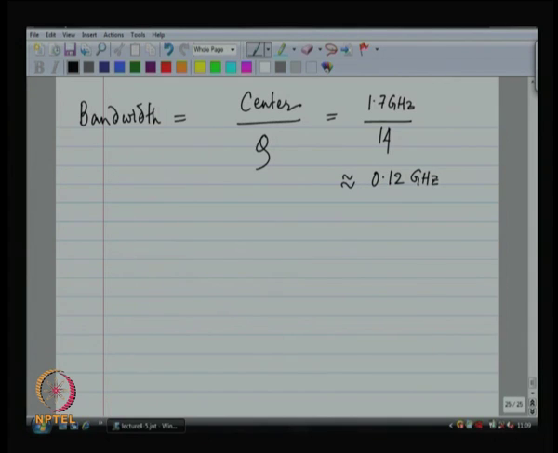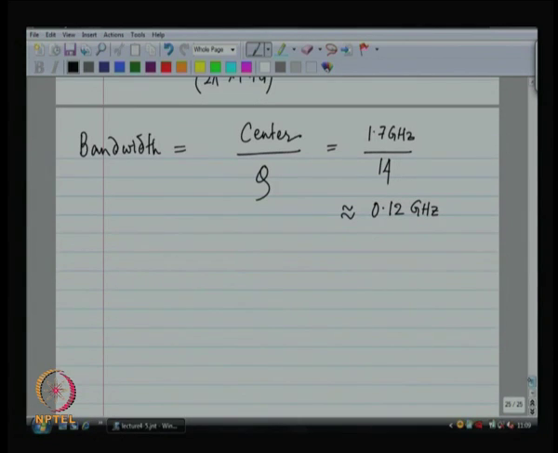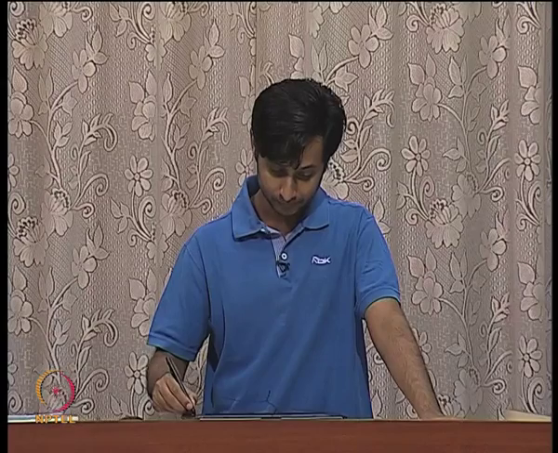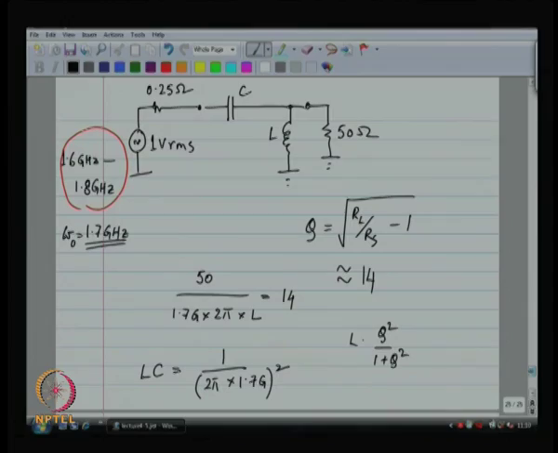That is the total width of the band in which I will be able to transmit reasonably good amounts of power. The match is going to be reasonably nice, right. The desired bandwidth is 0.2 gigahertz.